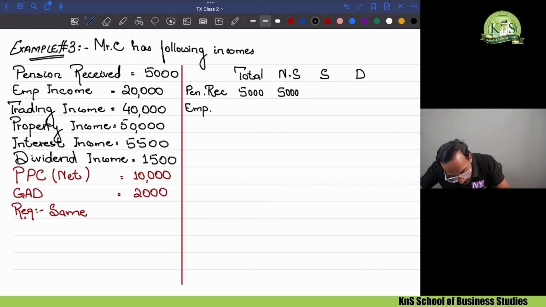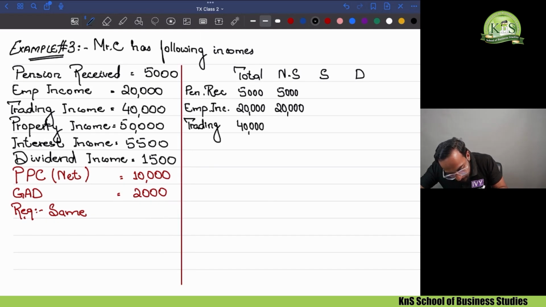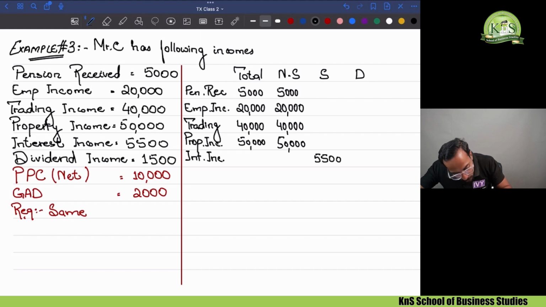Then you have employment income, that is 20,000. Then you have trading, 40,000. Then you have property, that's 50,000. That's a part of non-saving, 50,000. Then you have interest income, that will be part of saving. Then you will have dividend, that will be part of the dividend one.